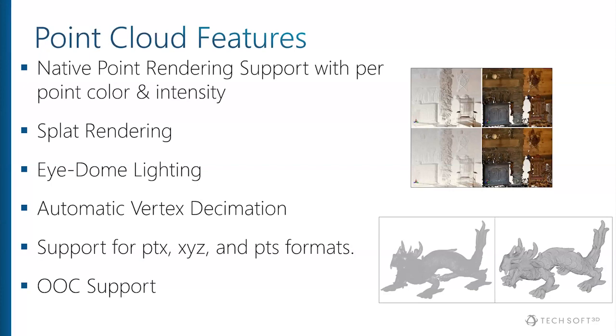As Marco said, it looks like there's more to come in the future. I think we did receive some requests for other formats, so that's definitely on the agenda. And then, of course, we have this OOC support, out of core point cloud support for huge point clouds that go far beyond 10, 20 million points, potentially into the billions of points.